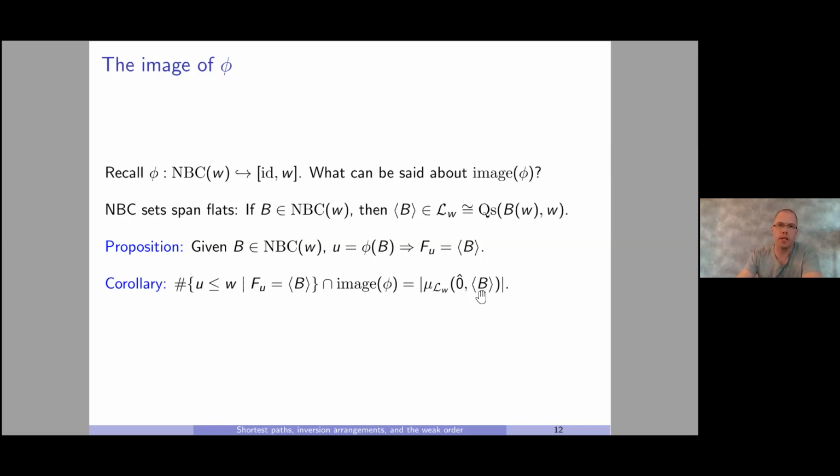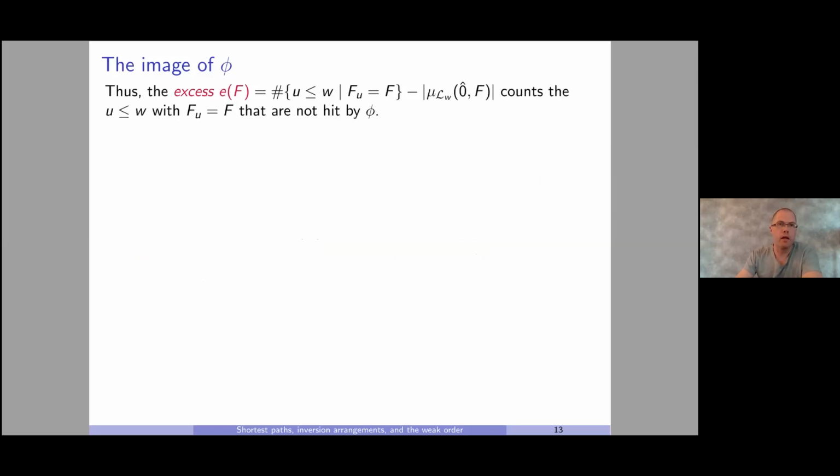So the proposition says that all those MBC sets will be mapped to elements that have this flat as quick-step set. So that's this set. So when you intersect this with the image of phi, you must get precisely this number of elements. So maybe the picture makes this clearer on the next slide.